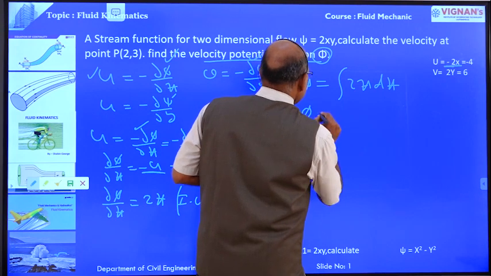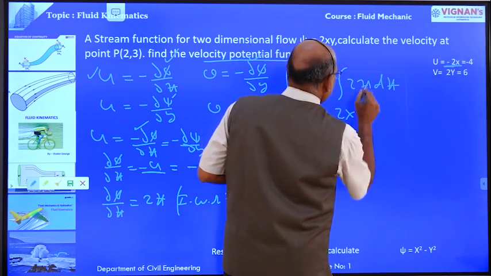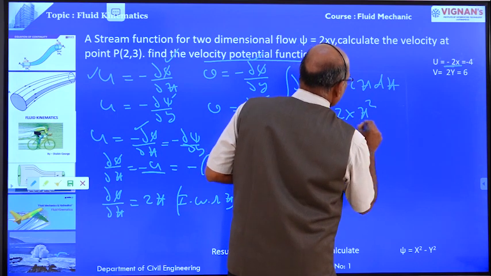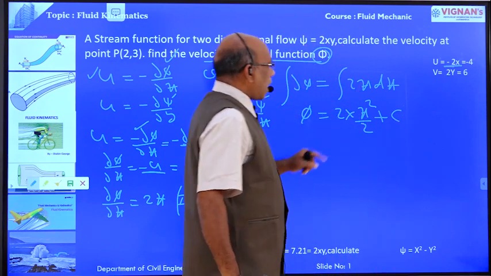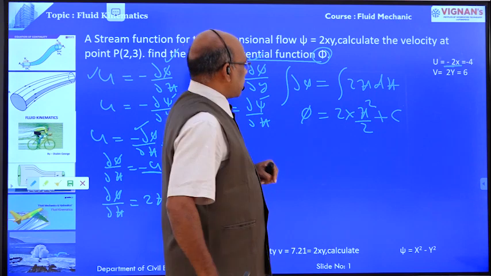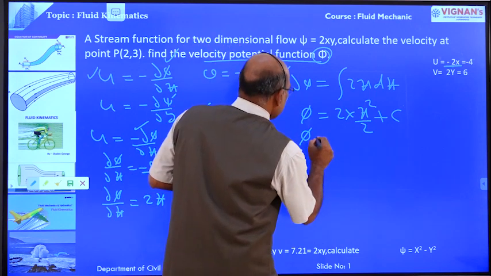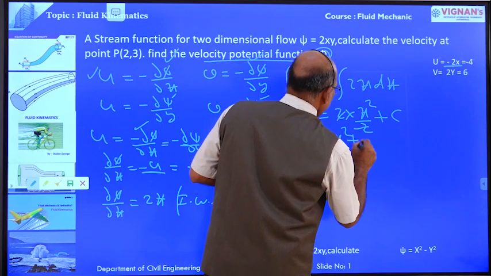Therefore phi is equal to integration of 2x, 2 is the constant, x is nothing but x square by 2, plus constant of integration. This c is nothing but the constant of integration. Therefore phi is equal to, 2 gets cancelled, x square plus c.